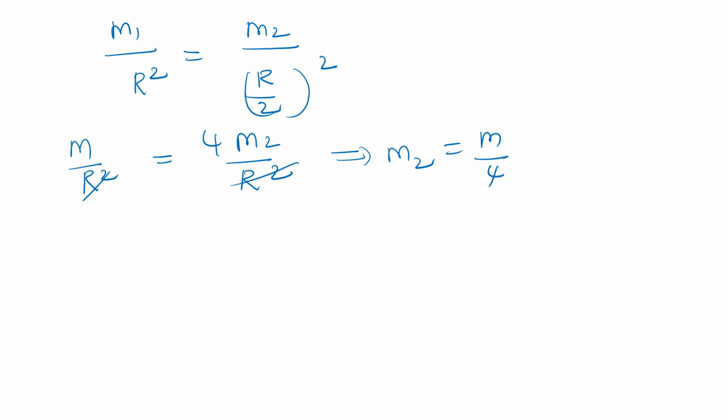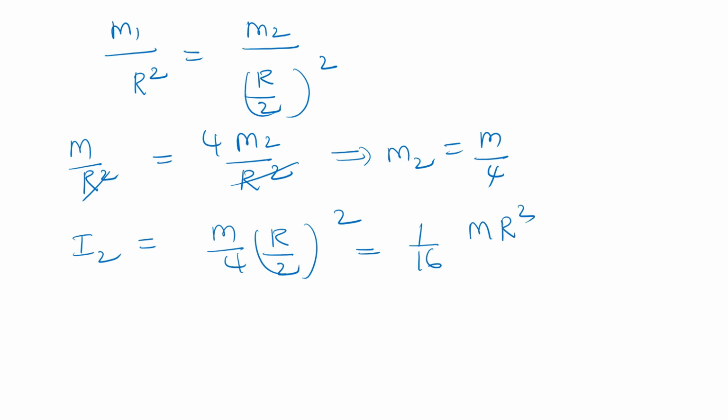So I2 is equal to m by 4 into r by 2 whole square. 2 square is 4, 4 into 4 is 16. So 1 by 16 m r square by 2. Now according to the law of conservation of angular momentum, I1 omega 1 is equal to I1 plus I2 into omega 2.